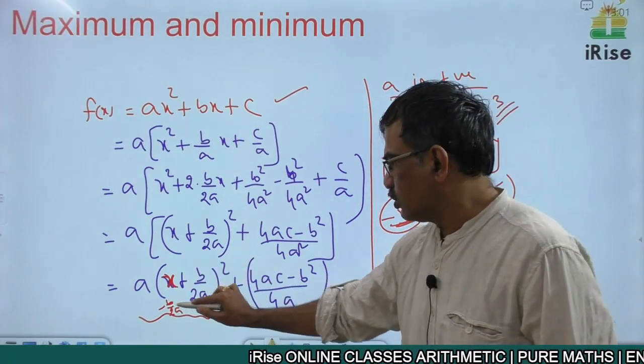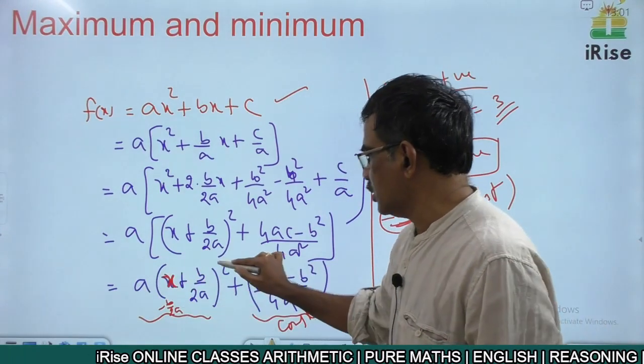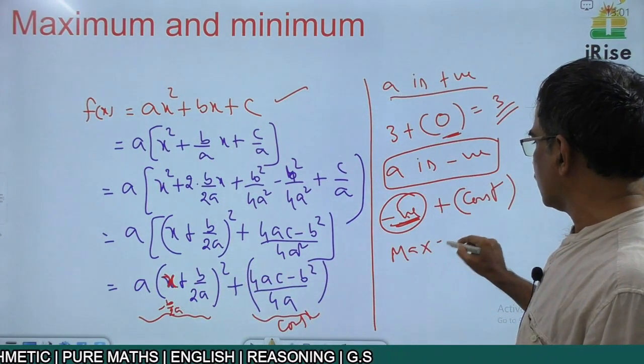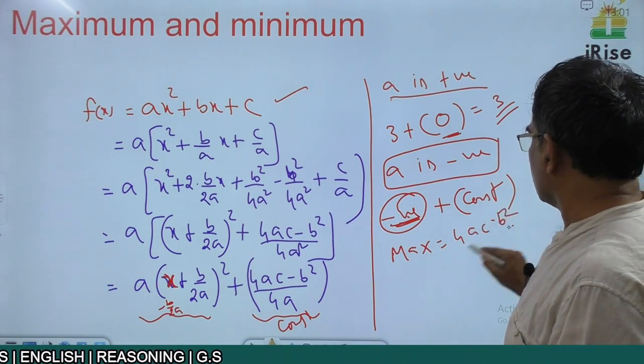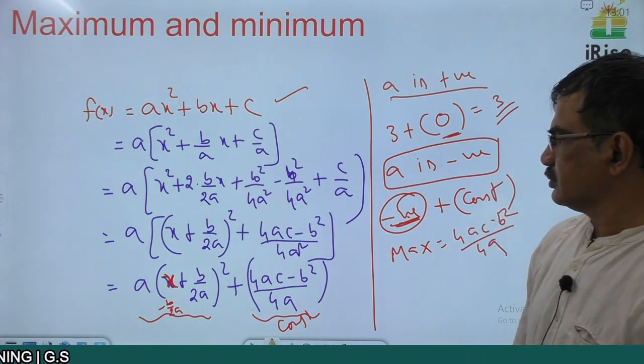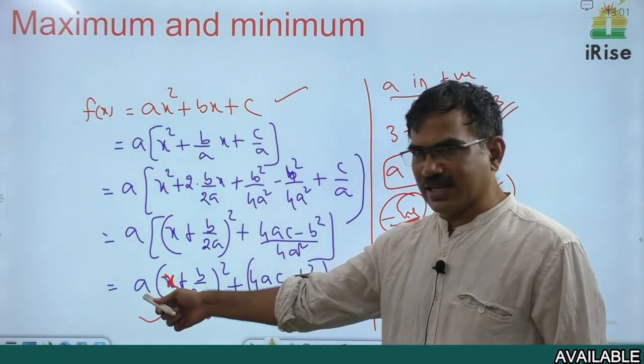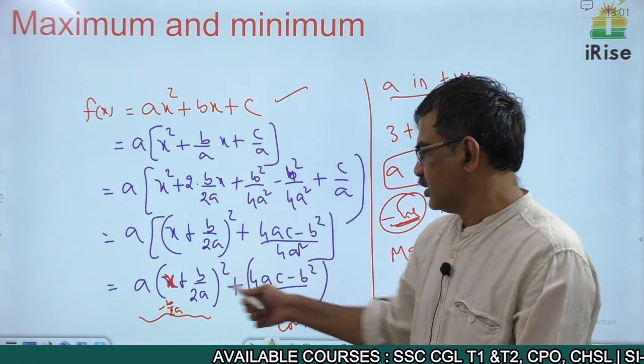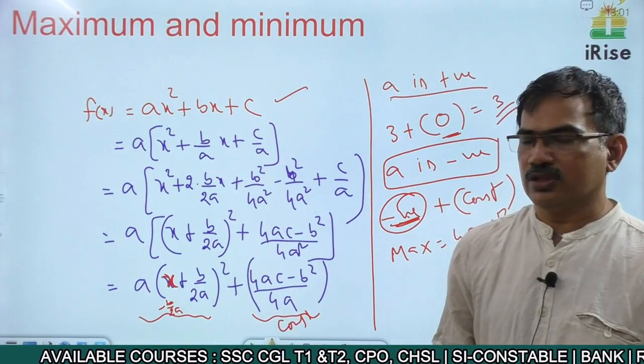So when x is equal to minus b by 2a, it becomes 0, and then this becomes the maximum. So the maximum is nothing but 4ac minus b square by 4a. If a is negative, the value keeps decreasing, and if it is 0, this is the maximum value.